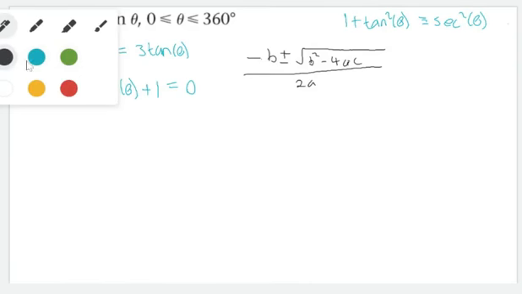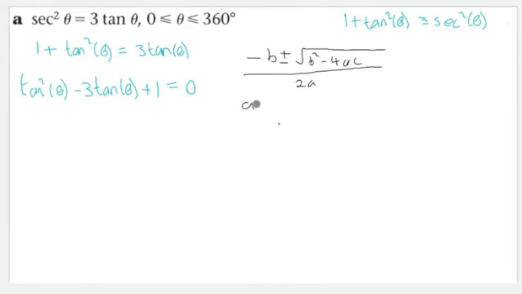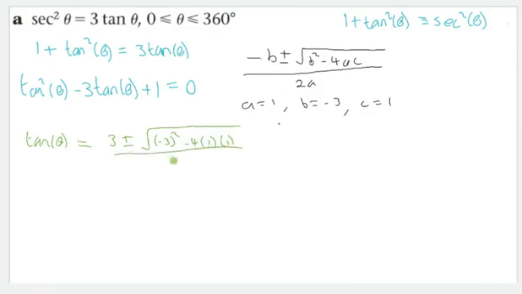So there's that. And then in our equation, we know that a is equal to 1, b is equal to minus 3, and c is equal to 1. So from that, we get that tan theta is equal to minus b, so minus 3, which is just 3, plus or minus the square root of b squared, so that's minus 3 squared, minus 4 times a times c, all divided by 2 lots of 1.